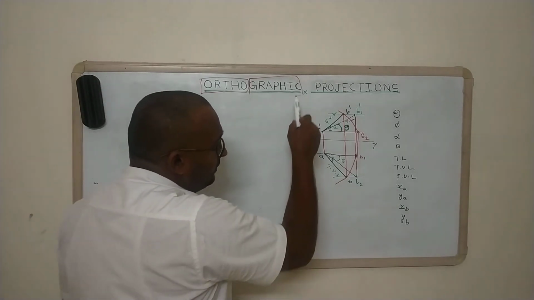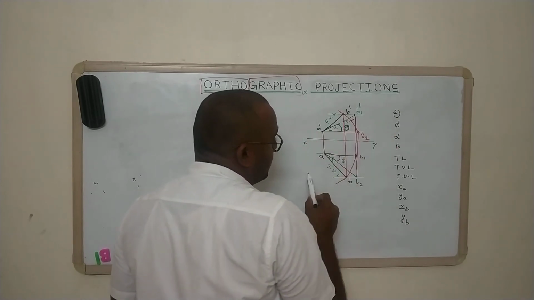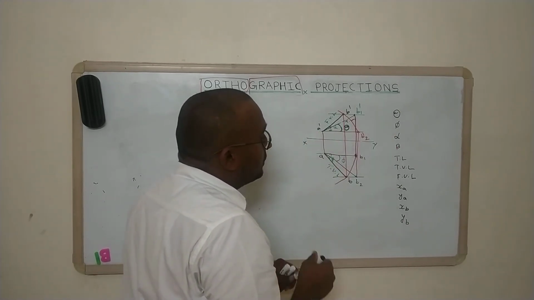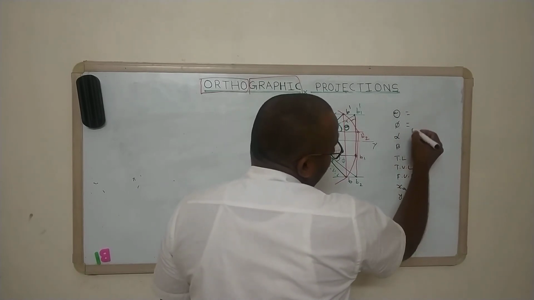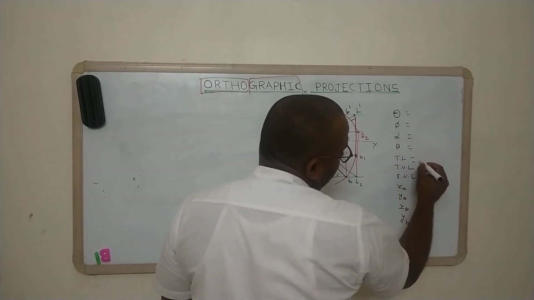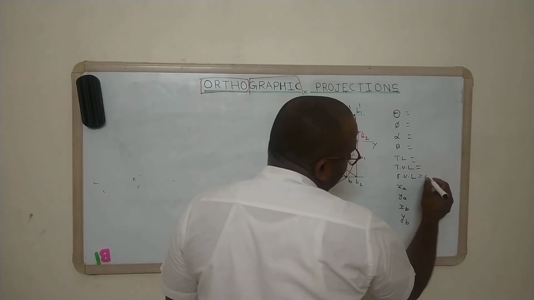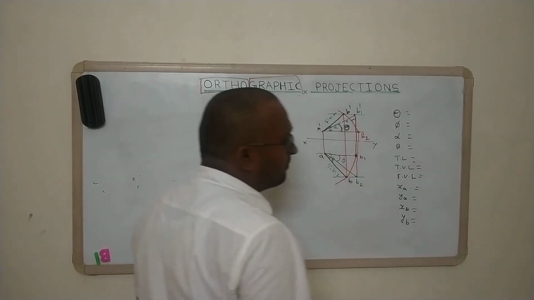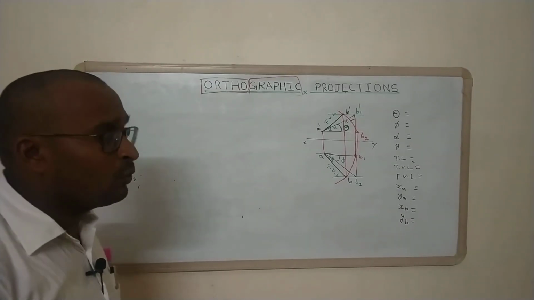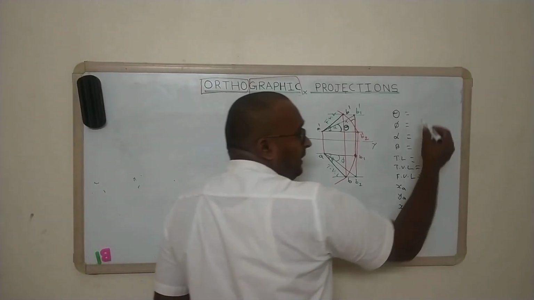So here you can see this is the finalized view. In this, overall among all the parameters, they will give any three. Based upon that given data, we must calculate all the parameters.